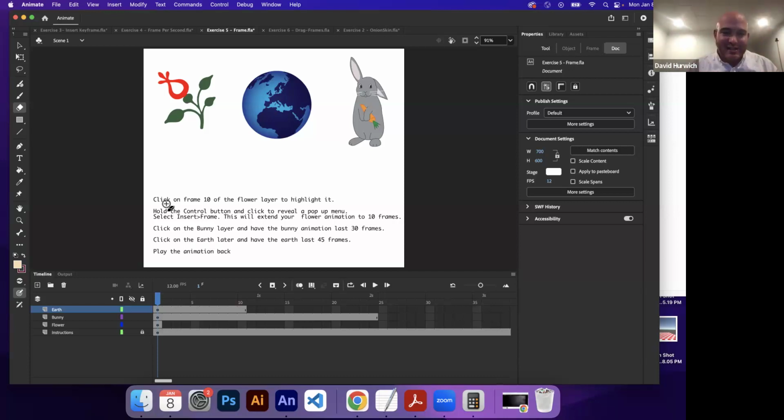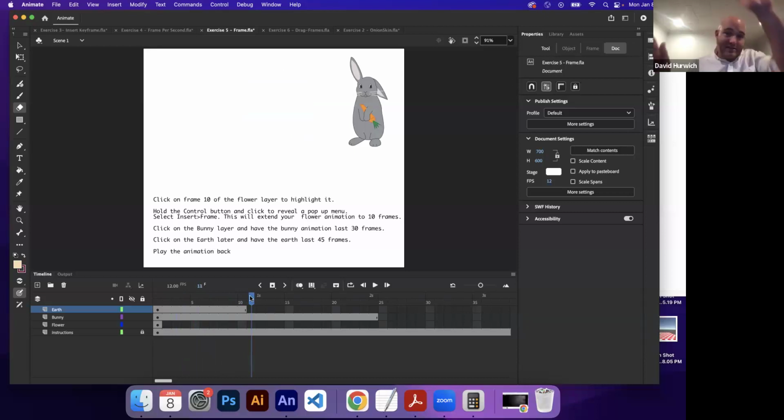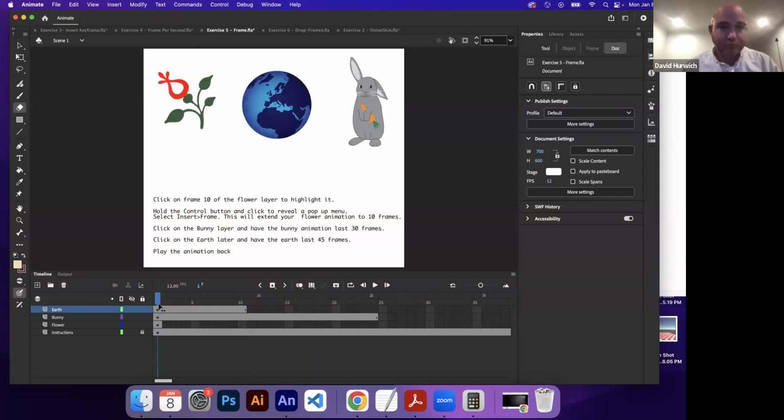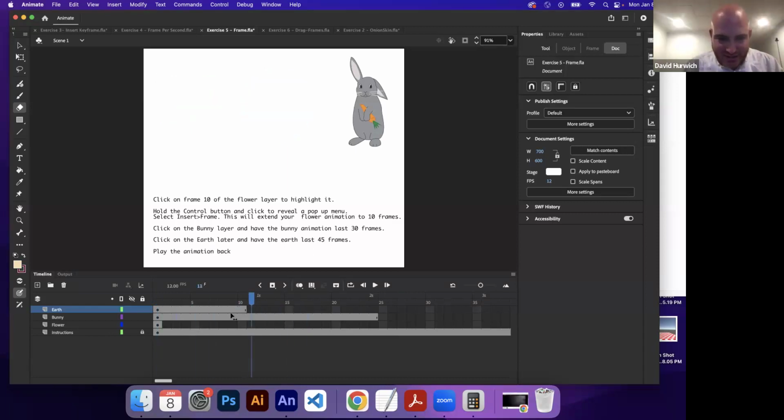Anytime your time marker goes through an area that is gray, that particular character is visible. So on frame 1, all the characters are visible, but on frame 2, the flower is not there, so it immediately comes down, but the earth and the bunny are still there. Then at frame 11, the earth is no longer on, and so it gets pulled down. And then eventually, so does the bunny. So we're just extending the length of things.